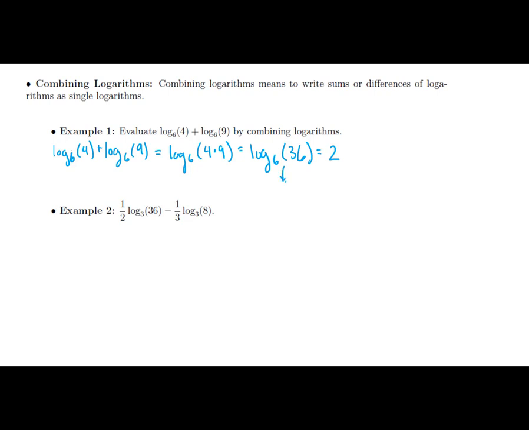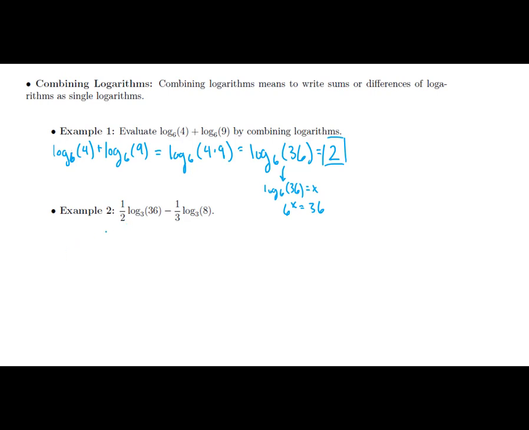And if at first you didn't remember that, what you would do is say log base 6 of 36 equals x. 6 to the x equals 36, and then you would realize, oh, if I raise 6 to the second power, it makes 36. So that's why our answer is 2. So combining logarithms in this case allowed us to actually get it down to a really nice number, whereas neither of these are at all nice numbers for us to look at.